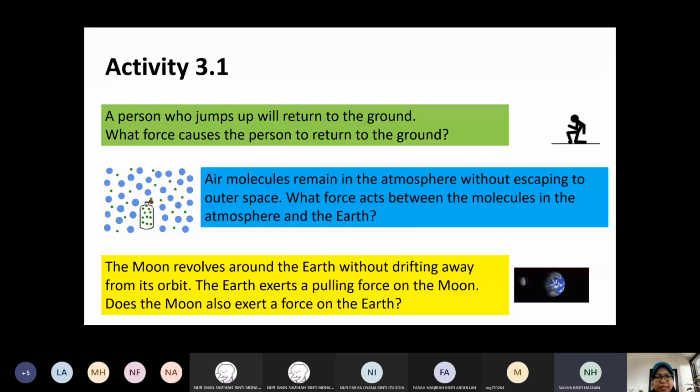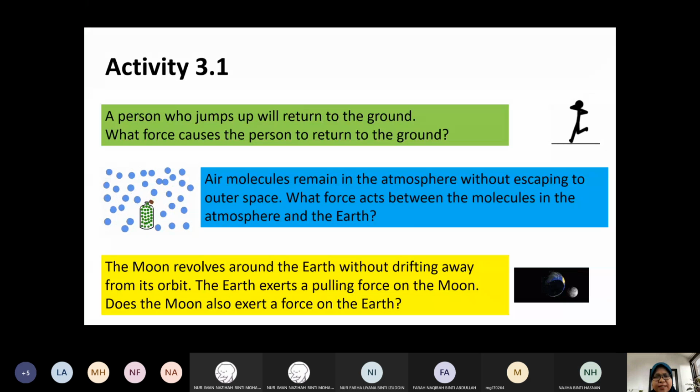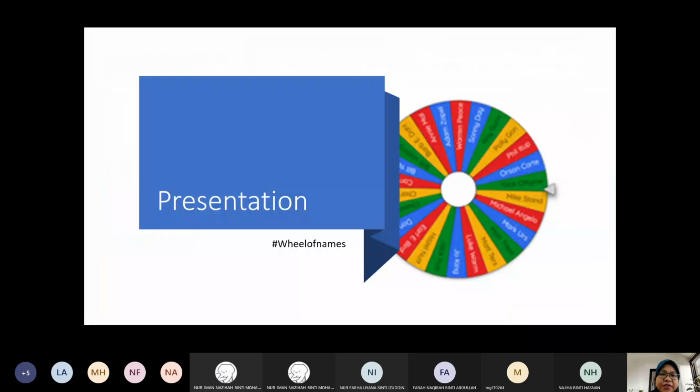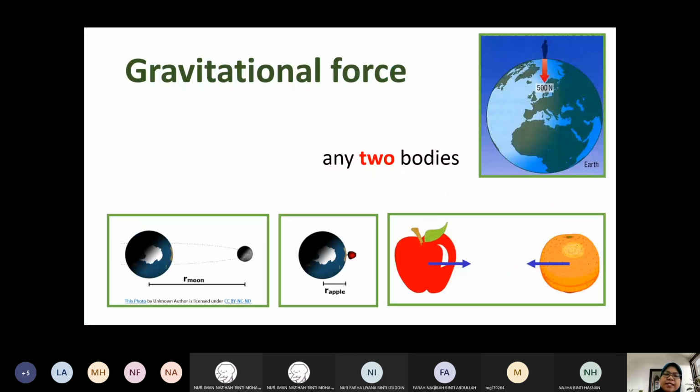Okay, so gravitational force. What is it? What is gravitational force? So if you look at these pictures, 4 pictures here, these are examples of gravitational force. Okay, so gravitational force is known as universal force. Sometimes we call it universal force.